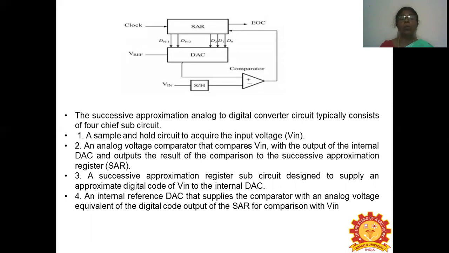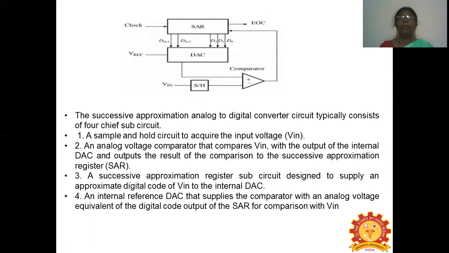Next, an analog voltage comparator that compares the sampled input with the output of the digital to analog converter and outputs the result of the comparison to the successive approximation register.